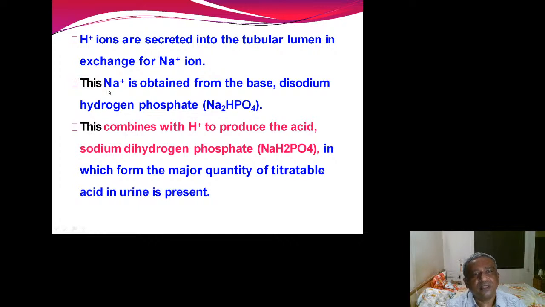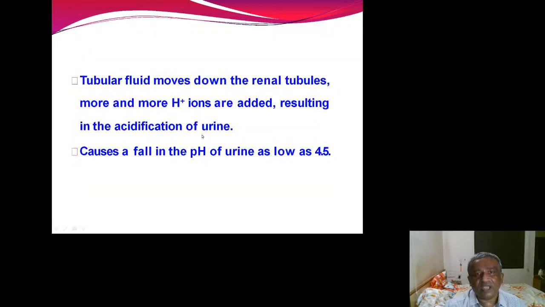We have seen this. This sodium is obtained from the base disodium hydrogen phosphate. As we saw previously, Na2HPO4 and NaH2PO4, the intracellular buffers, come into play here. Now this Na2HPO4 combines with H and donates the Na to make NaH2PO4, and that is the major quantity of titrable acid in the urine which is excreted.